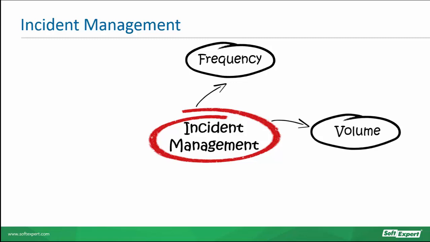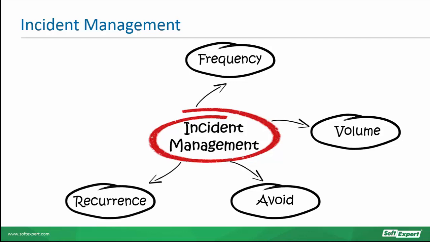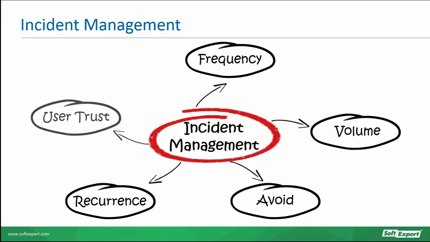You're not avoiding self-inflicted incidents, which is where you make changes and do other things that cause those incidents. You're not preventing the same incident from occurring over and over again. And because of all of those, you're not building user trust.